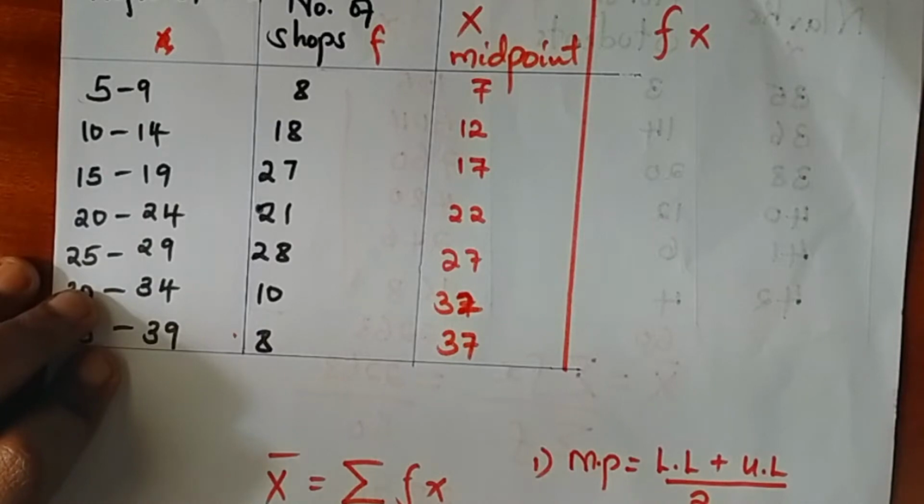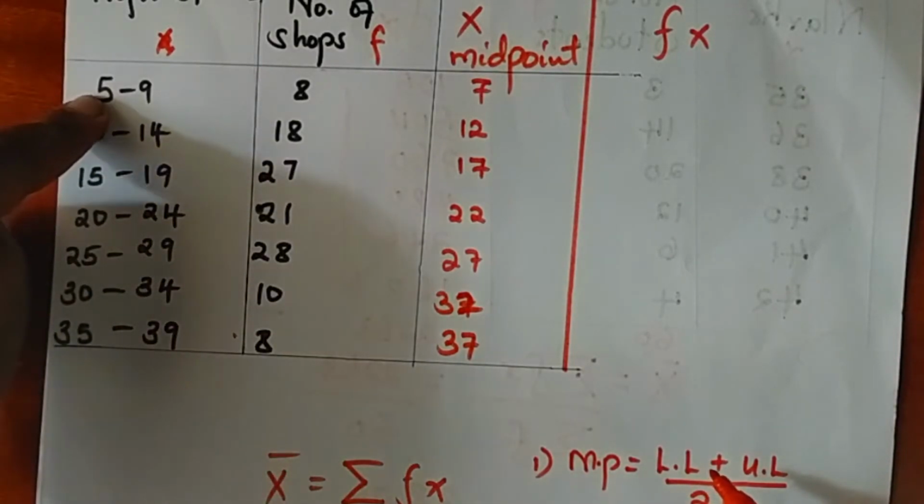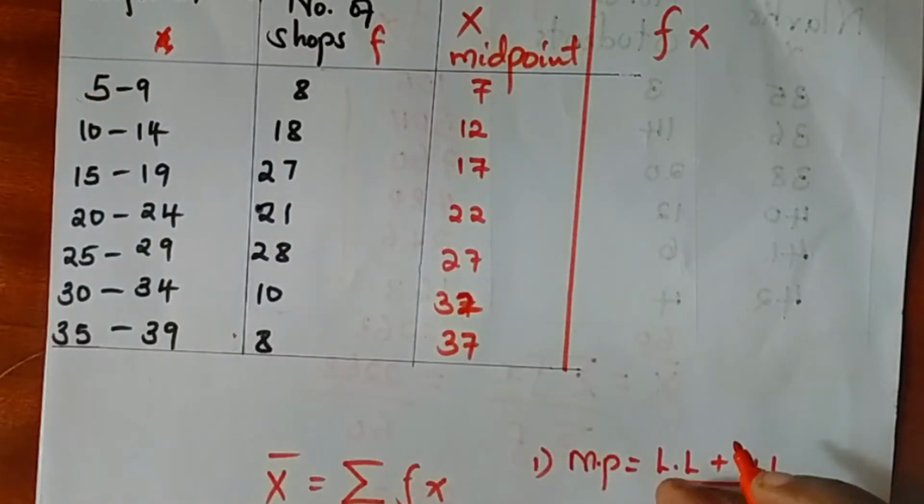You can also use the true class boundaries: the lower boundary added to the upper boundary, divided by 2. You'll still obtain the midpoint of that class.